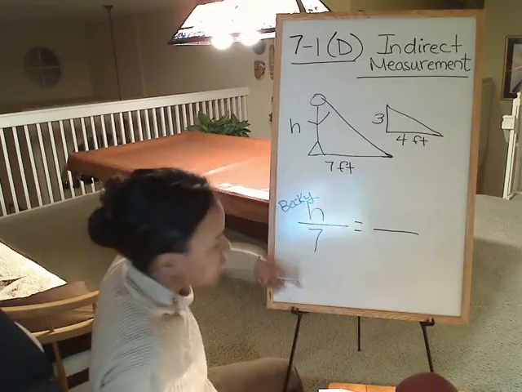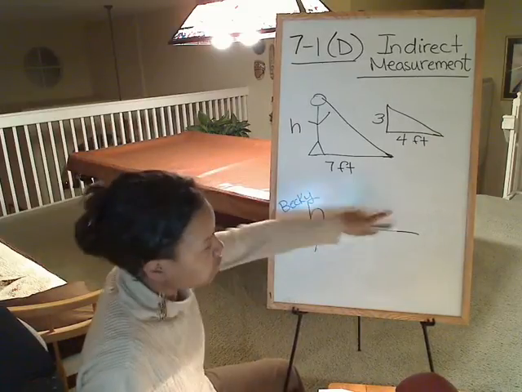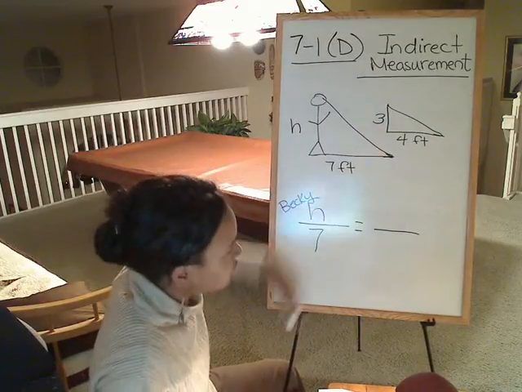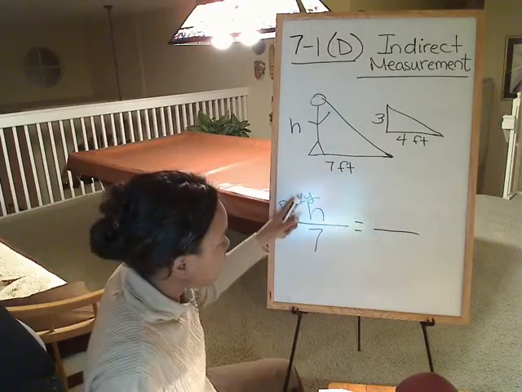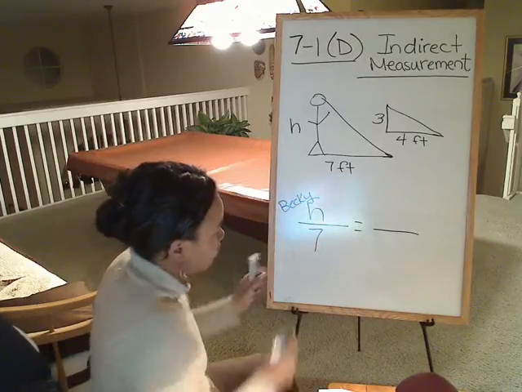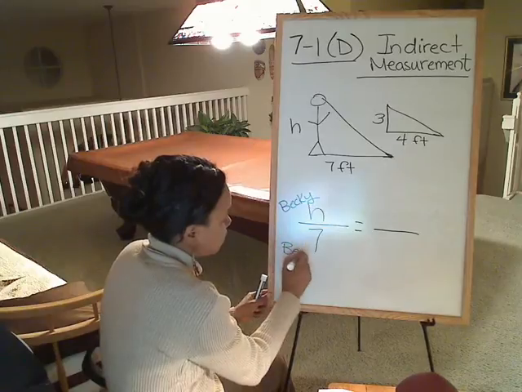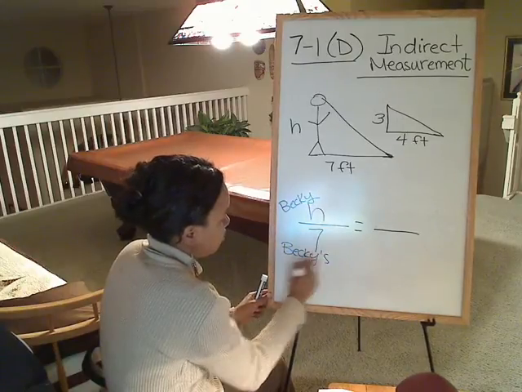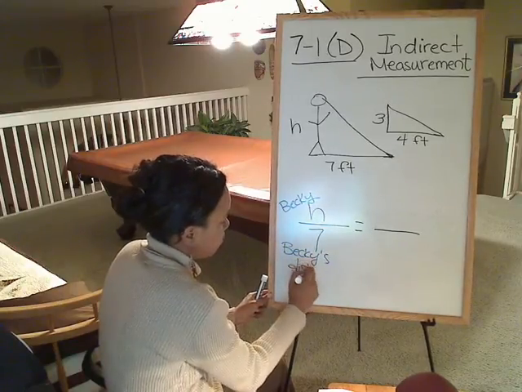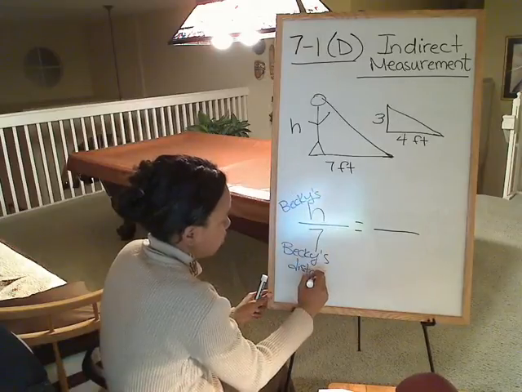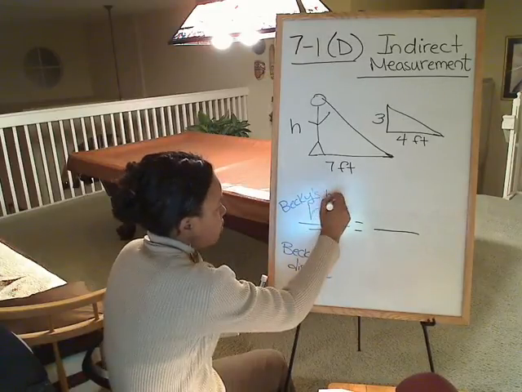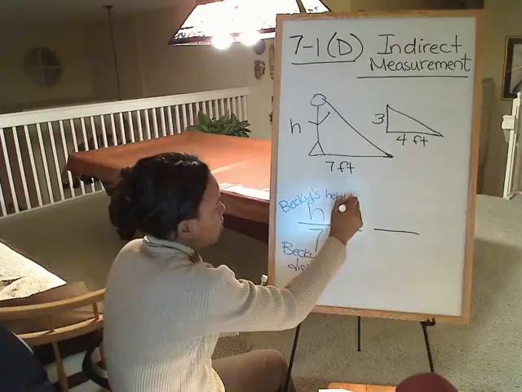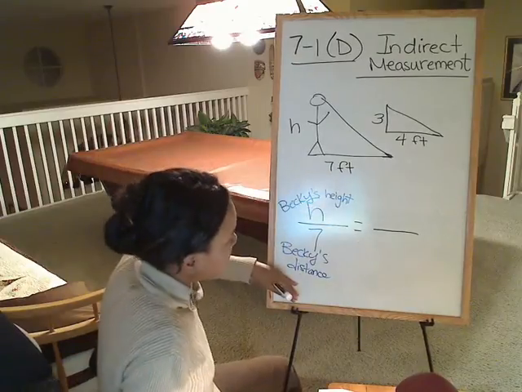So everything on this side pertains to Becky. So everything on this side has to pertain to the other triangle. This was Becky's height, this was Becky's distance.